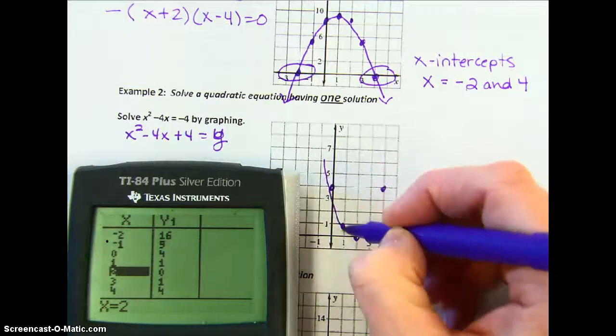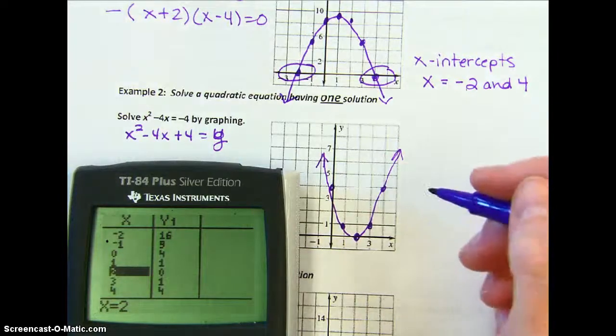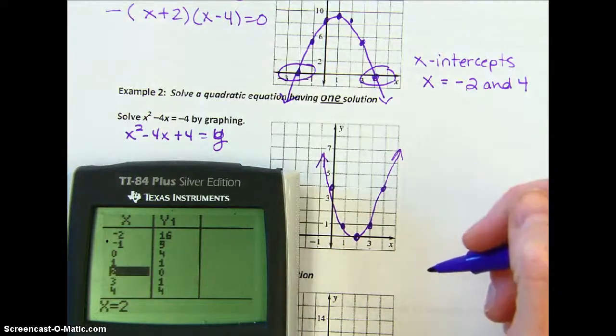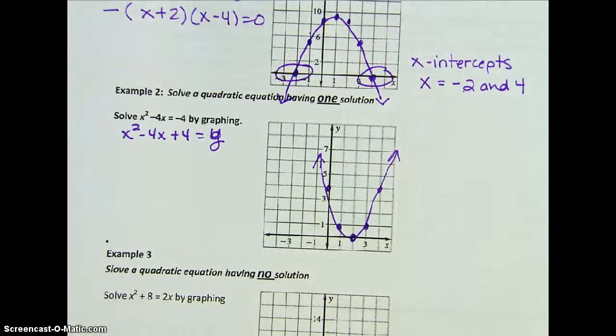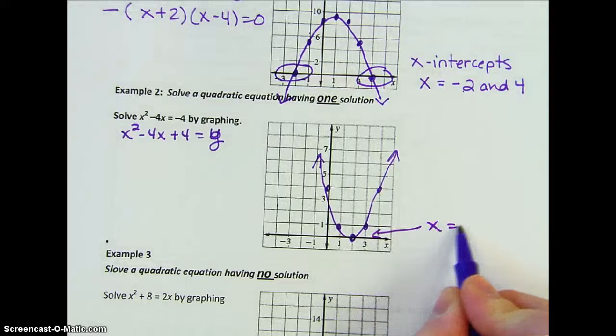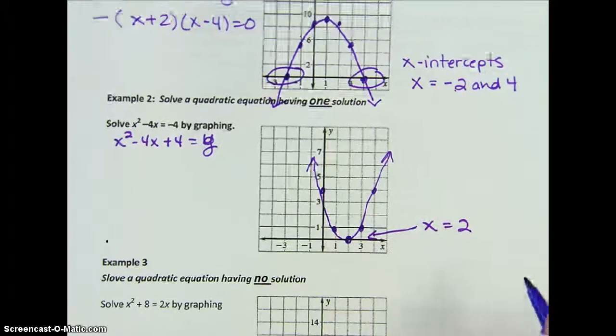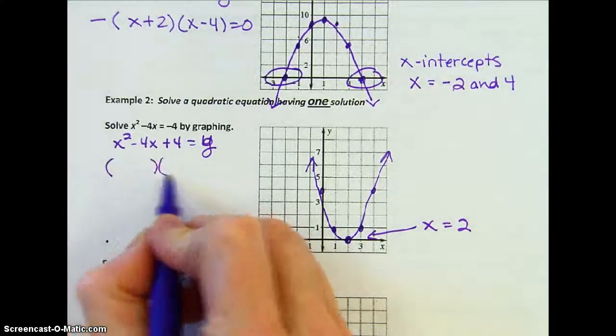So I'm going to draw the parabola. And notice you only have one x-intercept. So why did that happen? And what is the answer? The answer looks to me like it is going to be 2. But we've got to realize why that happened. So let's factor this.